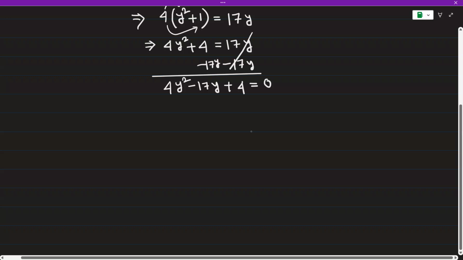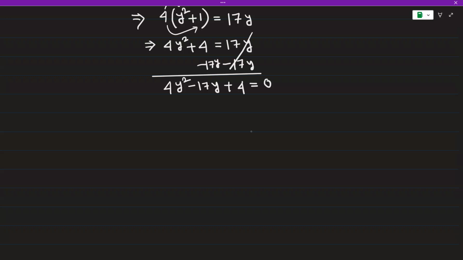Now we got a quadratic equation. To solve this quadratic equation, we have to factorize it. Since the coefficient of y² is 4, we multiply 4 and 4, which equals 16, and the middle number is negative 17. If we factorize 16, we get 1 times 16.